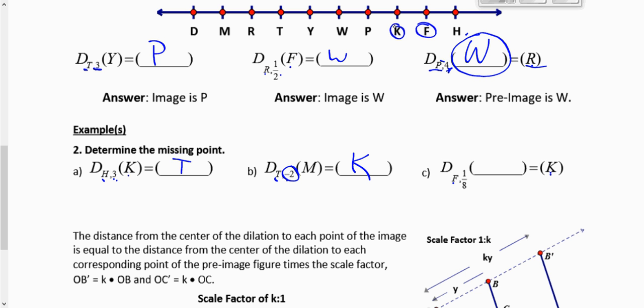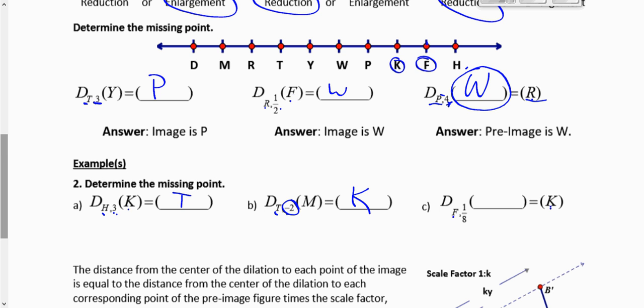What divided by 8 equals 1? 8. So it was 8 away from F. 1, 2, 3, 4, 5, 6, 7, 8. I was right. You have to half it, and then half it, and then half it. Or just divide by 8.